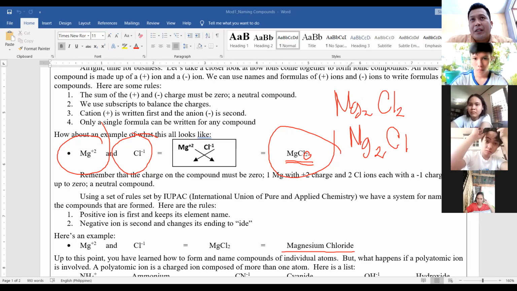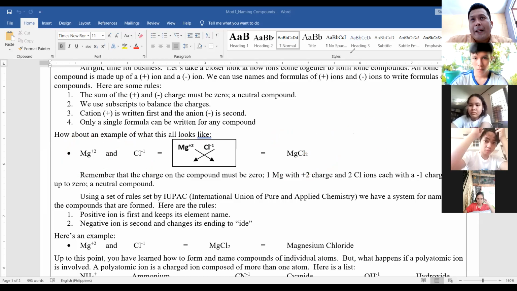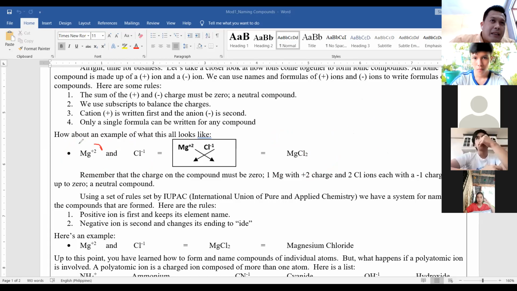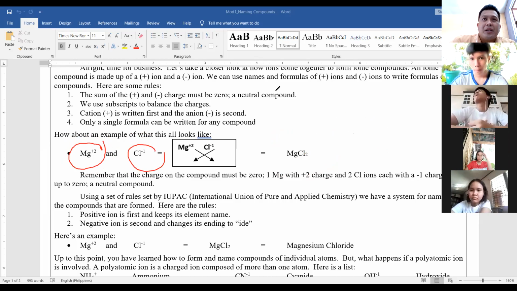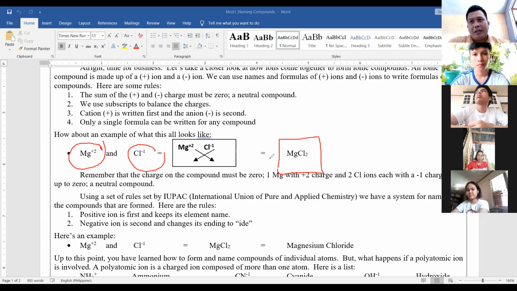So to give you the end result of a molecule upon the chemical reaction, you have to write the ionization of these elements. And this ionization will guide you to determine the molecular formula at the end of that said reaction. And how will you determine the subscript of these elements?